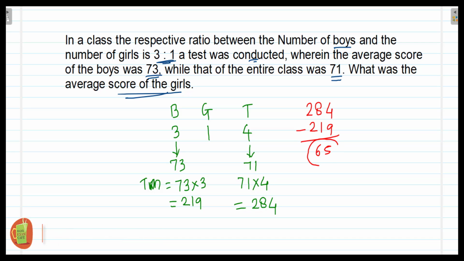So 65 are the marks obtained by girls, and since there is only one girl, what was the average score of the girls? The average score of the girl will also be 65 marks.